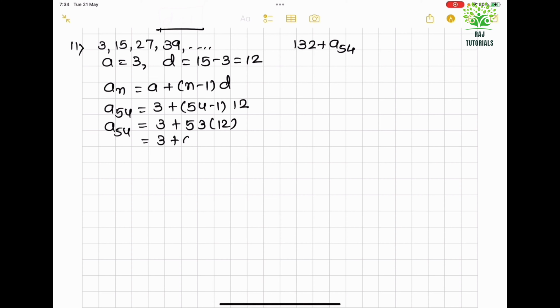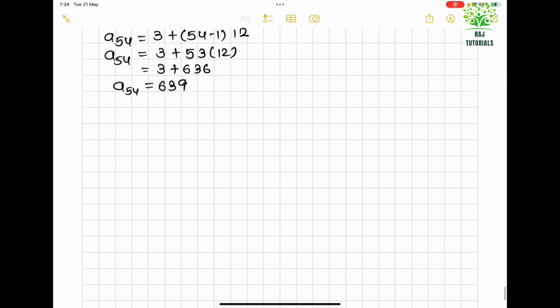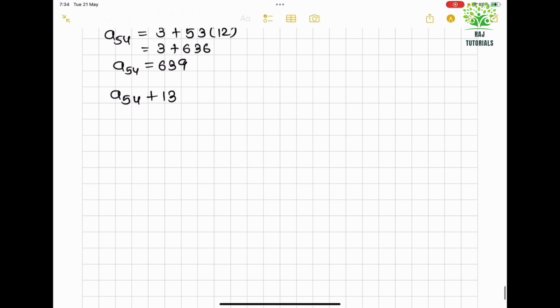So that will be 3 plus 636. So 639. So I got A54 equal to 639. 132 more will be equal to 639 plus 132. So that is 771.